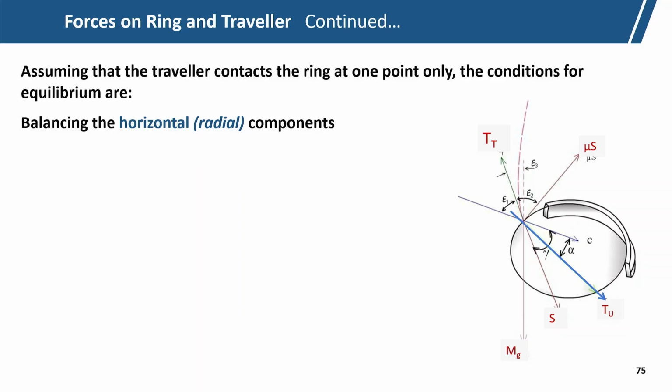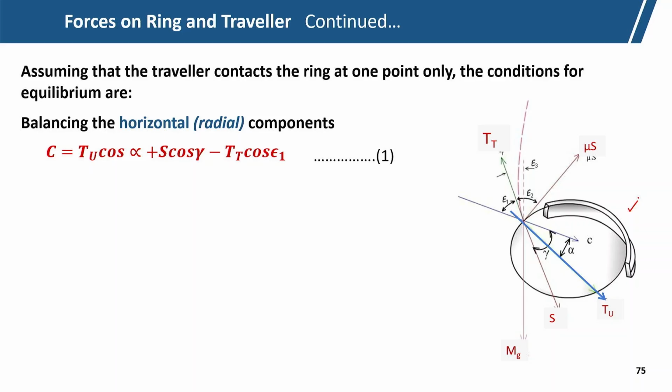These are the different components of forces acting on the traveler. In the radial or horizontal component, when we balance, it comes out to be C equal to Tu cos alpha plus S cos gamma minus Tt cos epsilon 1.